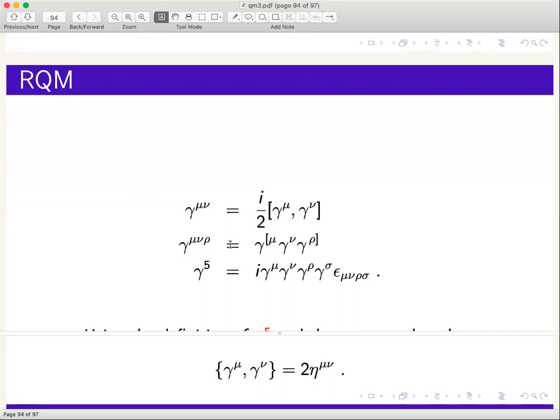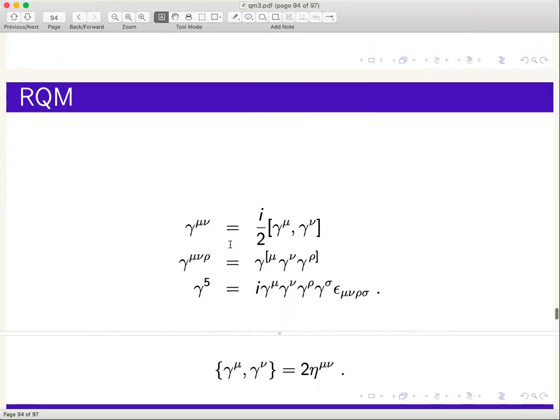Now, in some sense we have exhausted all possibilities that we could write down. We have written down a vector, which is gamma mu. Then we have written down the 2 gamma antisymmetrized product, the 3 gamma antisymmetrized product, and the 4 gamma antisymmetrized product. In a 4-dimensional space, you can only have up to a 4 index antisymmetric object.